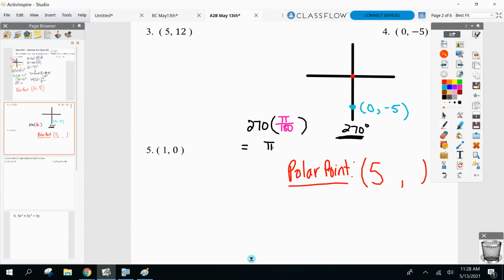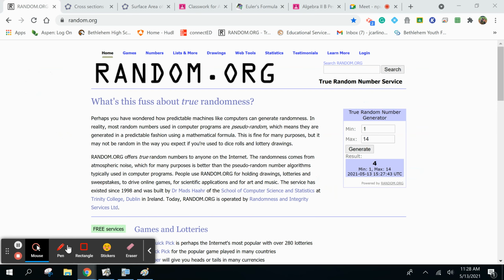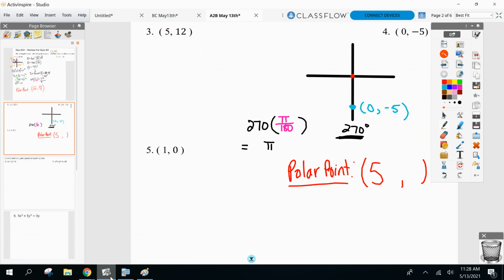So I'll give you a second, and I'm going to ask another person, what is it in radians? Liz, what is 270 in radians? One second.